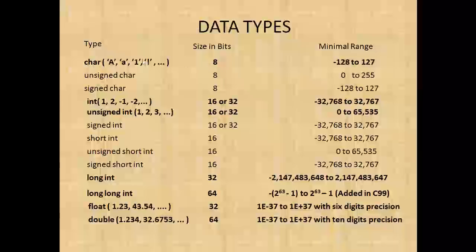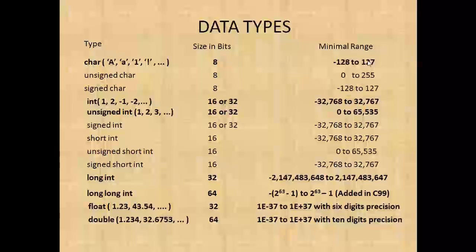But don't think that A or AB cannot be represented for this range, as these are also represented by values: capital A stands for 65, small a for 97, and 1 is not represented by 1 but by a numeric value of 49.